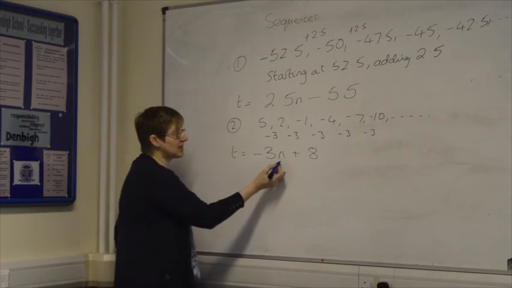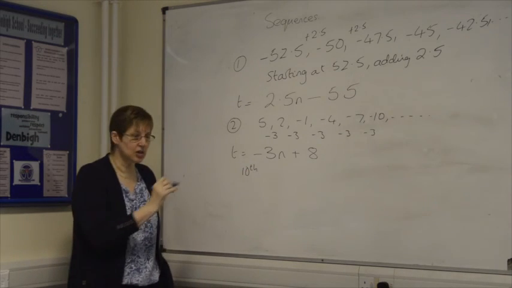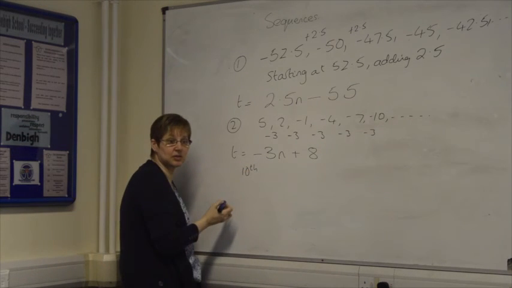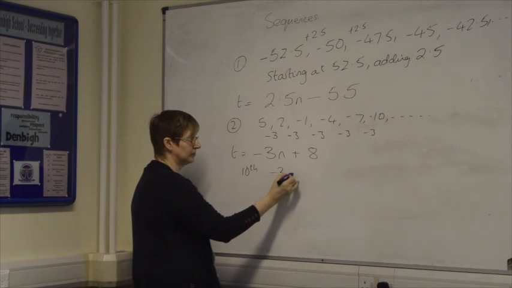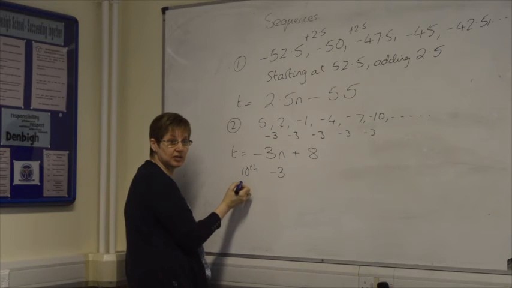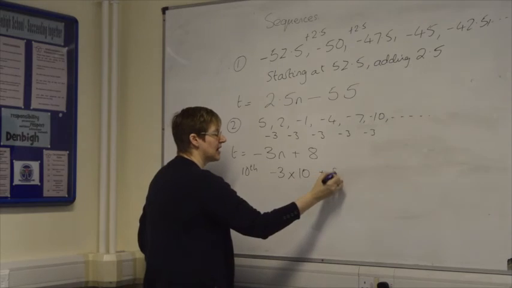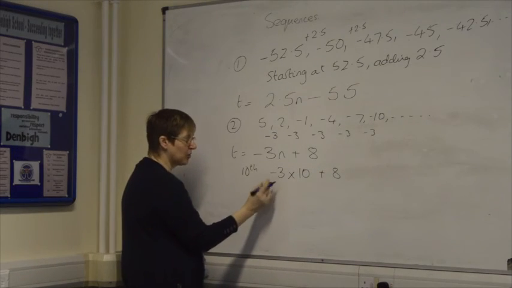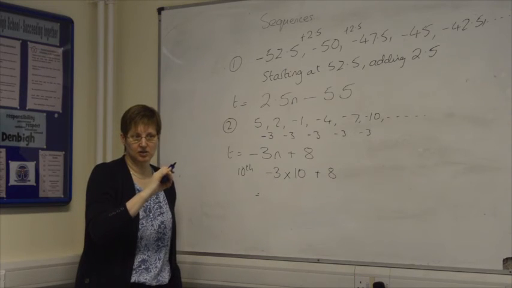Because if I wanted the 10th term in that sequence, what would I need to do, Charlotte, to find the 10th term in this sequence? You do minus 3n. And what would n be if I wanted the 10th term? 10. Good. Minus 3 times 10 plus 8. Well, what's minus 3 times 10? Do you know, Charlotte? Minus 30. It is.